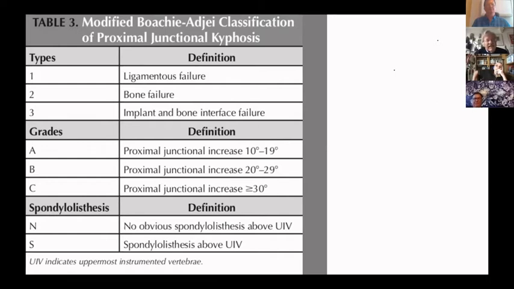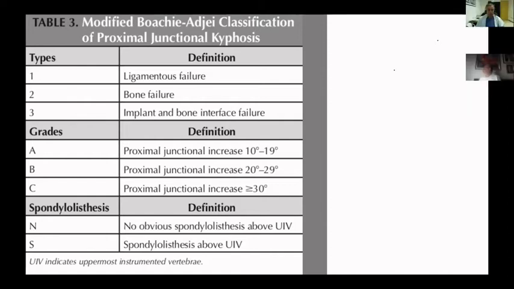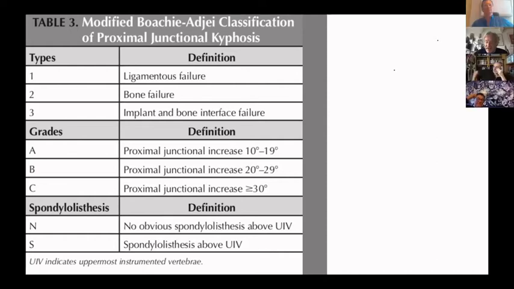They have classified them in types, in grades, and whether there is a translational dislocation. Basically, everything I showed you is here in this classification: the ligamentous failure, the bone failure, the implant-bone interface failure, the combination of them, then the increase of the angle over time, and finally whether you have a translational deformity or not.